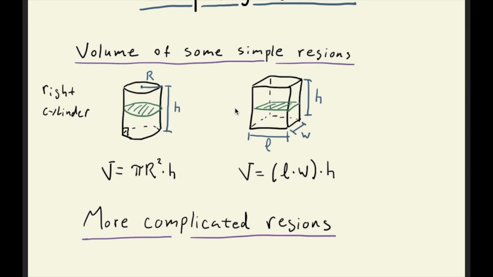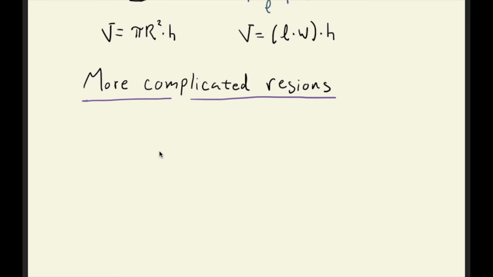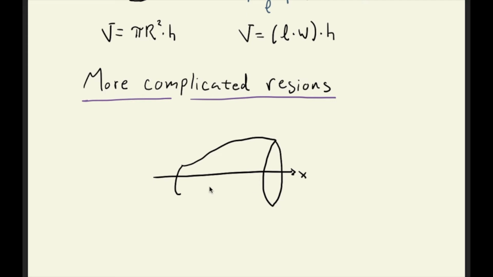All right. So you can draw it here. Let me draw an x-axis. And then I'll just draw some random region here. Some pottery of some sort. Okay, so you have a region like this.